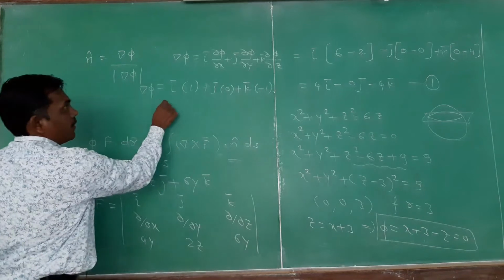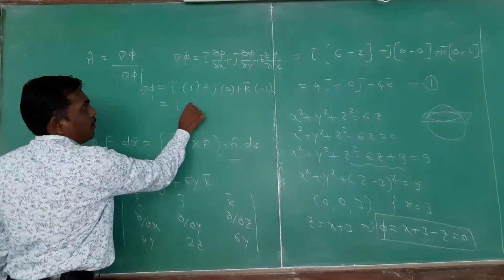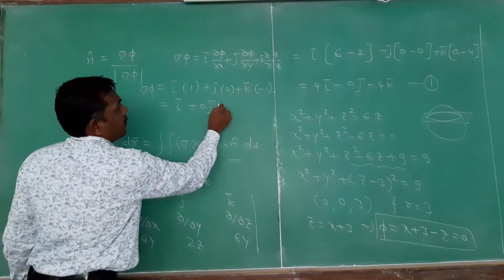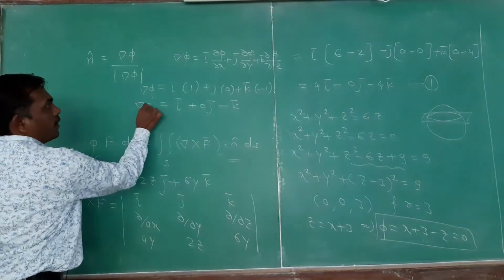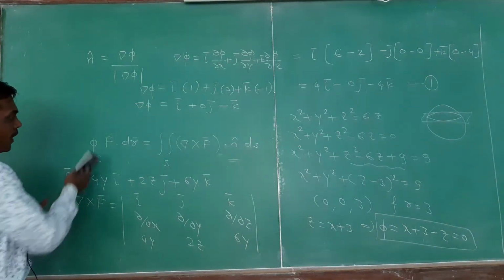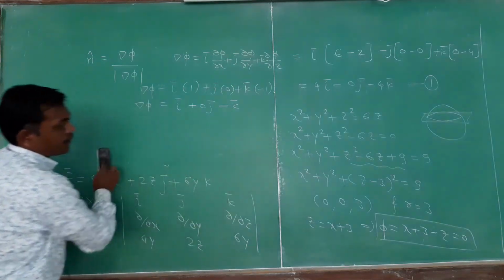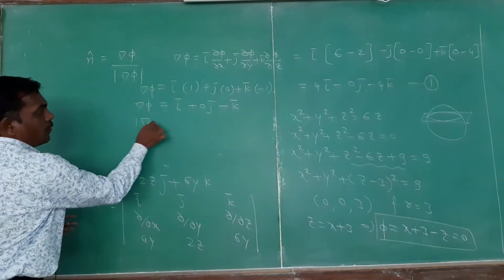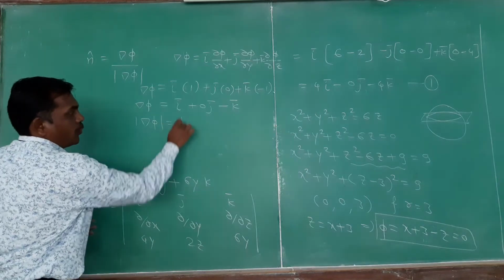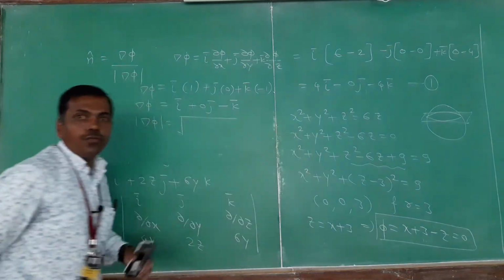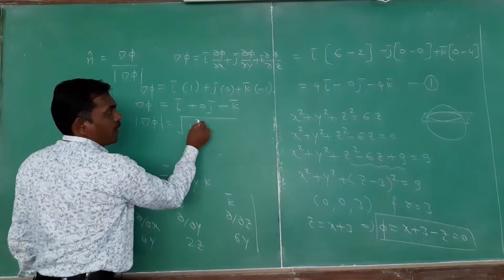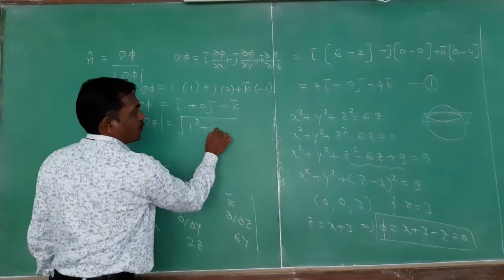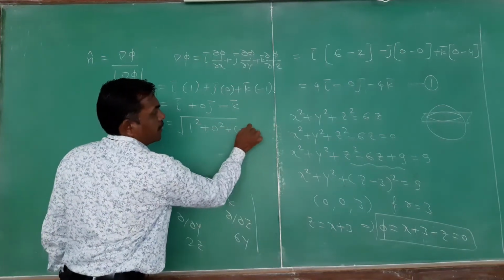So I get i bar plus 0 j bar minus k bar. This is our del phi. Now I can find mod of del phi. Mod of del phi, that means magnitude, is equal to under root of coefficient of i bar squared, so 1 square plus 0 square plus (minus 1) square.